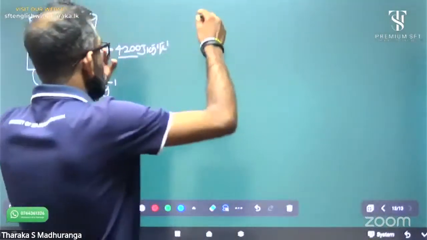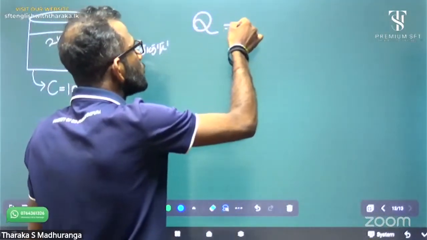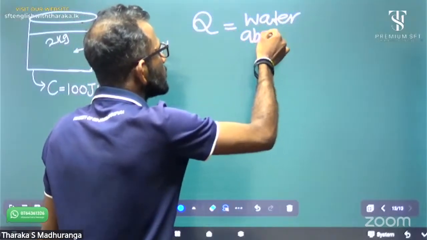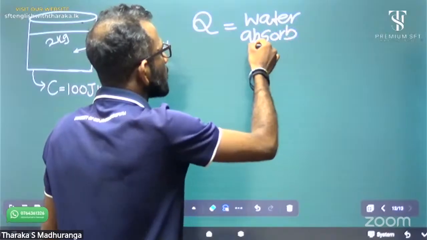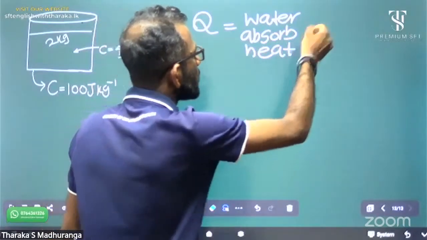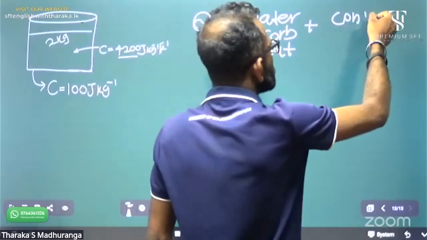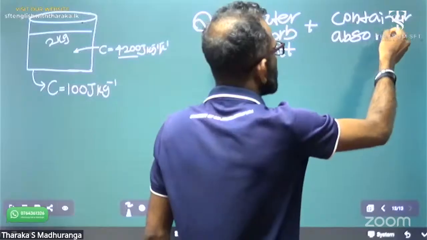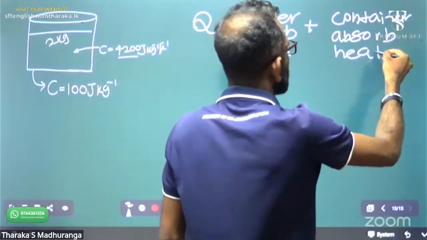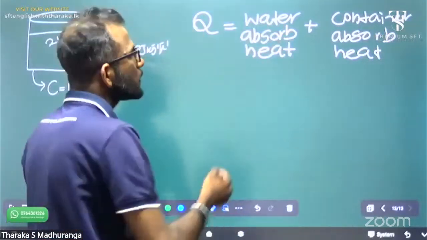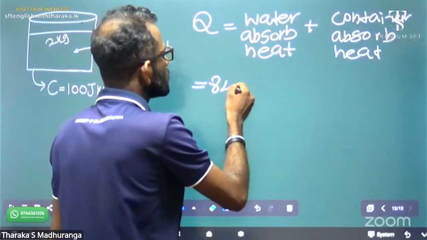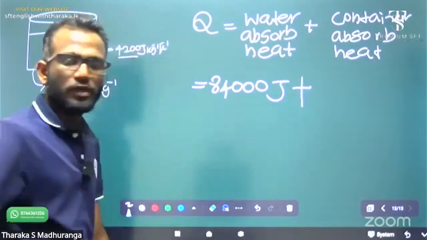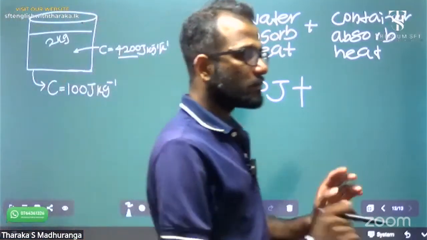The amount of heat Q equals water absorbed heat plus container absorbed heat. Water absorbed heat, you already know it is 84,000. No need to take time to calculate this again.